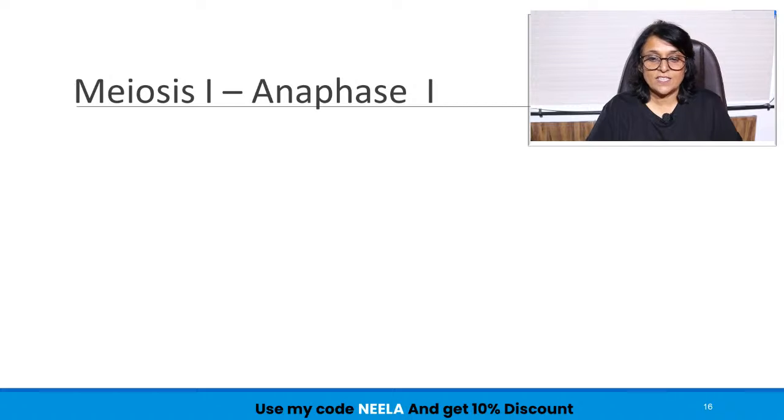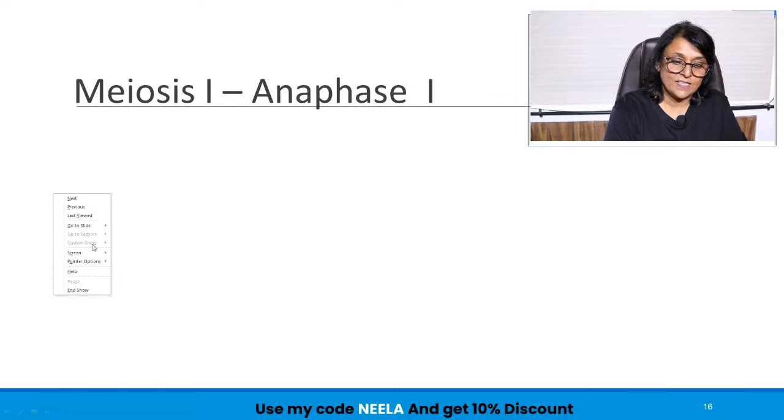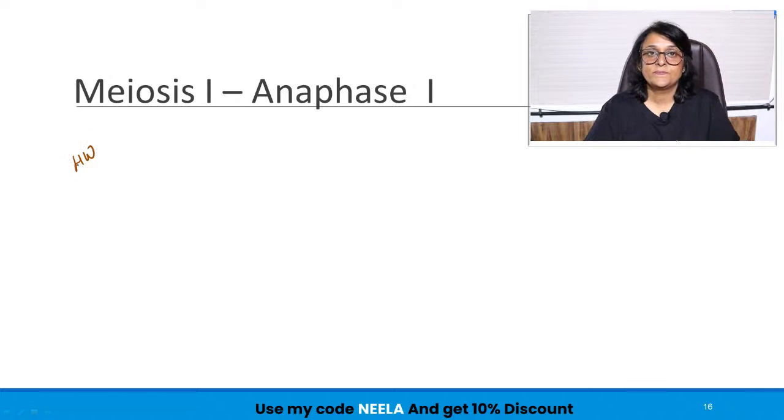So this is what I want to give you as your homework. You will complete this. You have the idea of complete mitosis. I have given you the first two stages of meiosis I, prophase in detail, metaphase also.